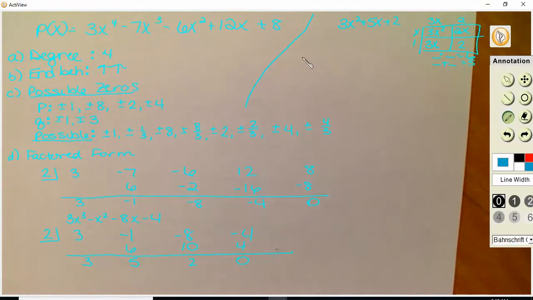Okay. So our overall factored form, it factors into (3x plus 2)(x plus 1). What else do we need? (x minus 2) squared, because it worked twice. So there's our factored form.